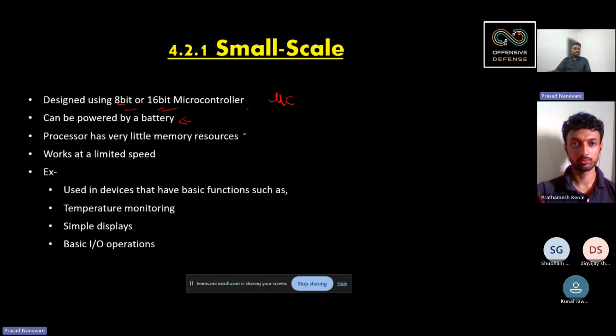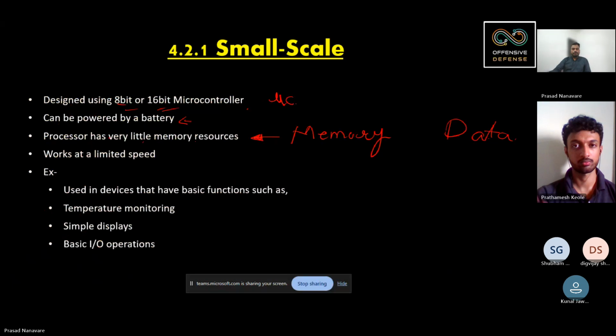The processor has very little memory resources. Now we also talked about memory and data. Can anyone tell me what I told you in the last lecture about it? Data memory and program memory. Sir, they are basically RAM and ROM. Exactly.